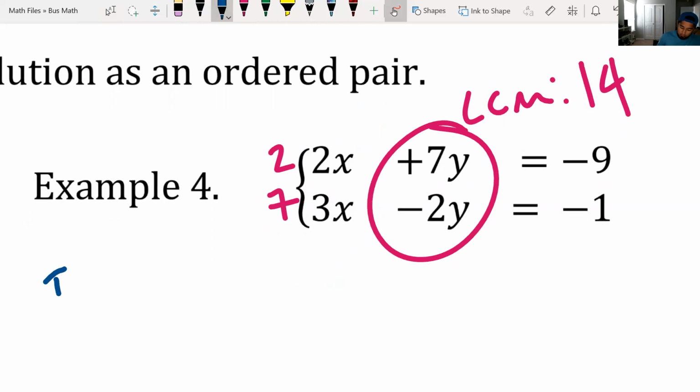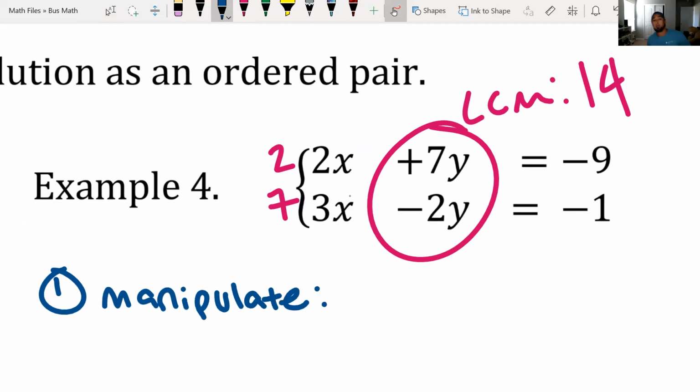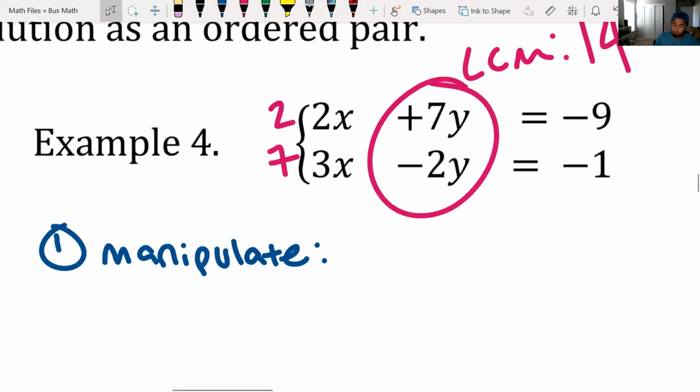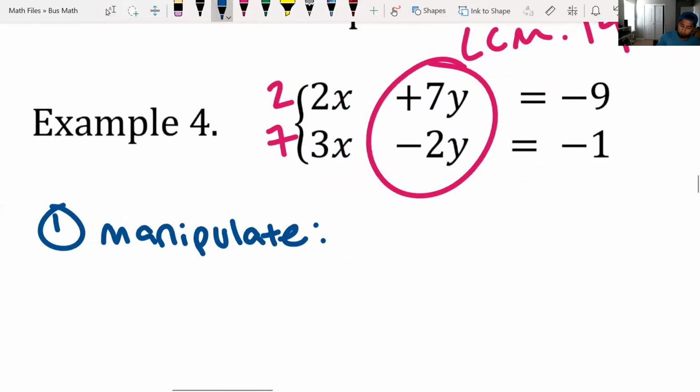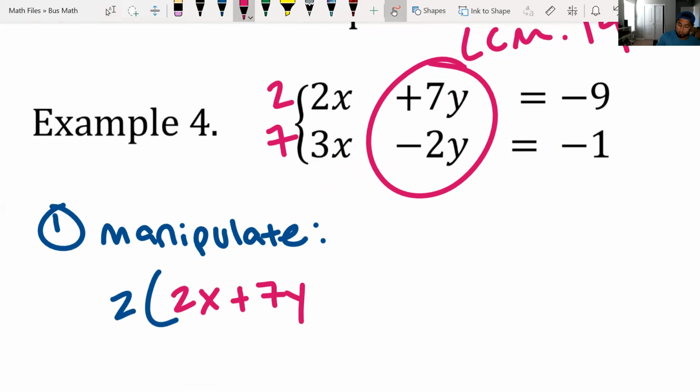All right, so let's put that to work. Step 1, manipulate. All right, so we have the numbers there, so that's what I'm going to do. I'm going to say 2 times the first equation of 2x plus 7y equal to 2 times -9.